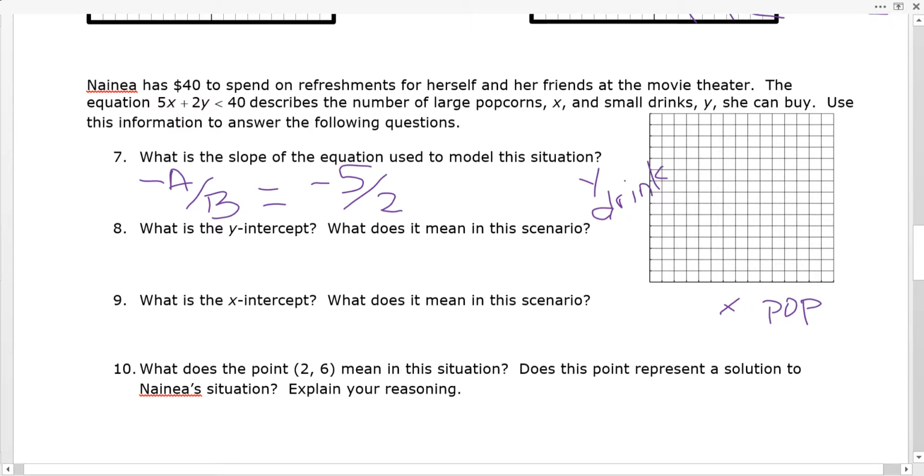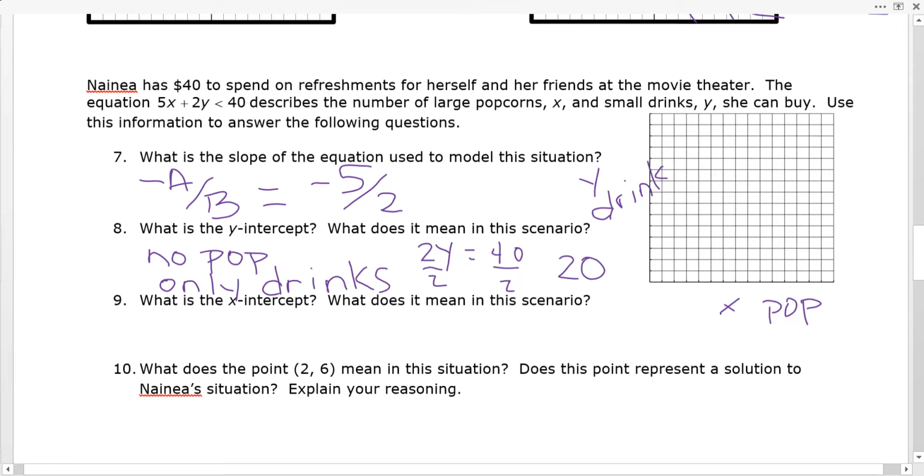For my y-intercept, it's going to be no popcorn, only drinks. And if I get no popcorn, then I can buy 20 drinks. So it's going to be 0, 20.